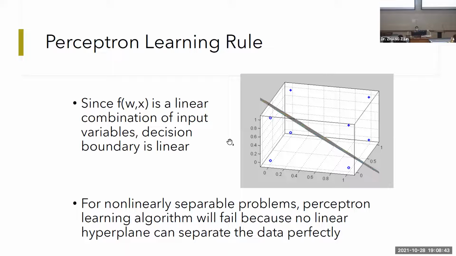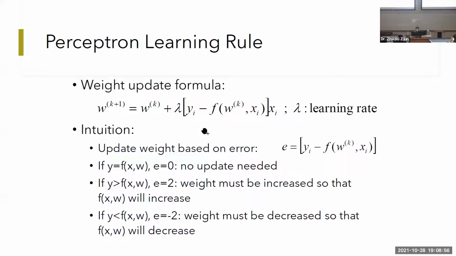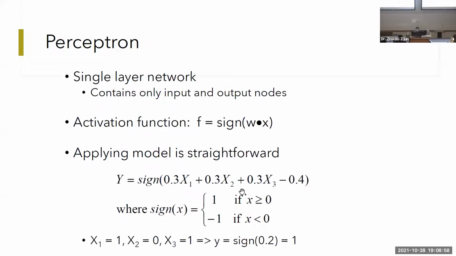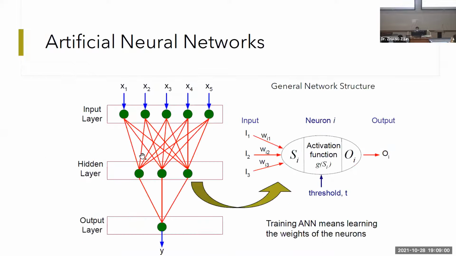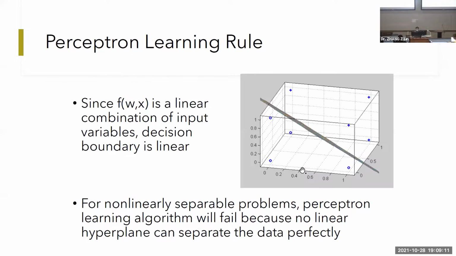So we were talking about the classification case, because we consider a linear combination of input variables as the F. Remember here, it's a weighted average, so it's a linear combination of input variables.